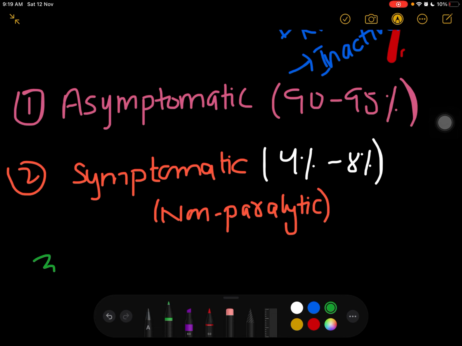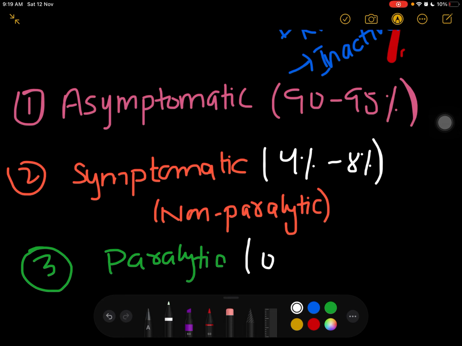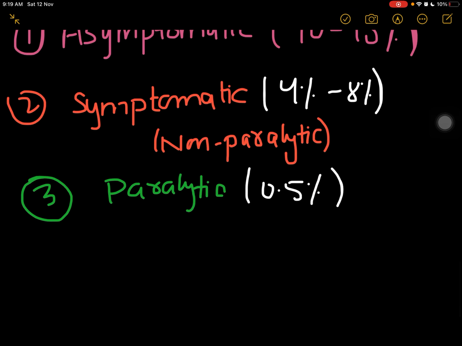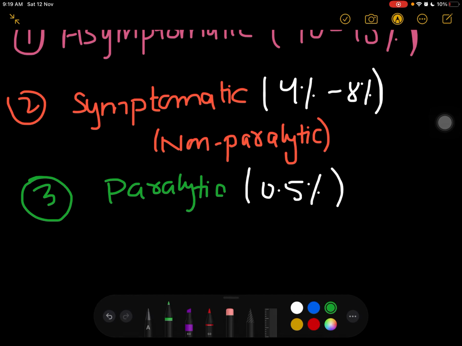Now the third is paralytic, right? That is 0.5%, but still this 0.5% is quite a huge number. In this, symptoms will appear and paralysis will also occur.